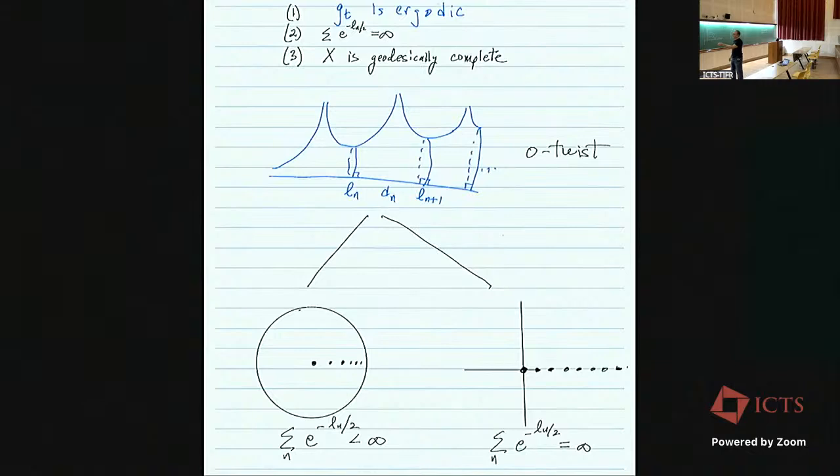So the geometry on this, if the series diverges, is geodesically complete. And that means that you're not attaching any half planes. Okay? If you're going to be geodesically complete, you're not attaching any half planes, and certainly no funnels because there's no boundary geodesics. But if the series converges, okay, then this guy looks like this.